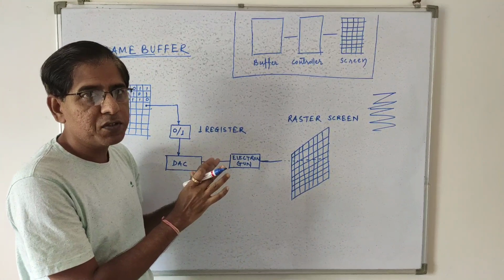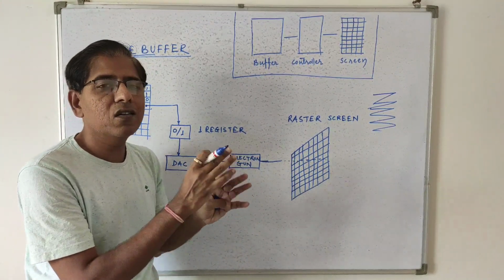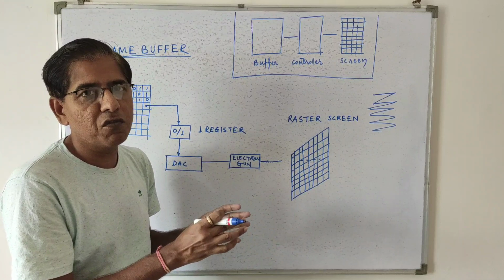So according to the information stored in the frame buffer, this electron gun continuously switches on and off.